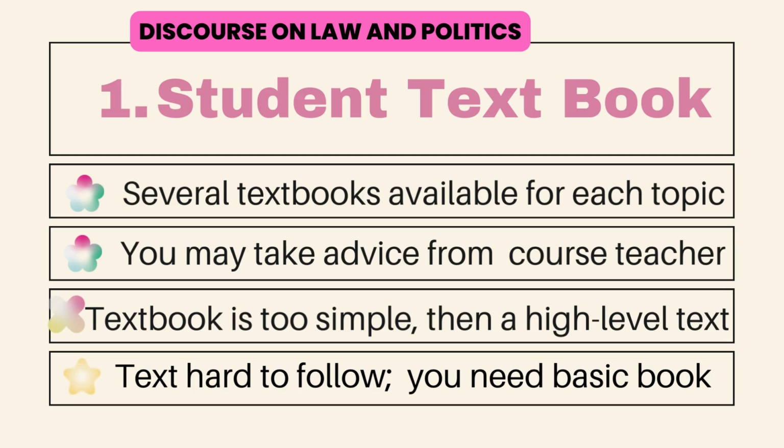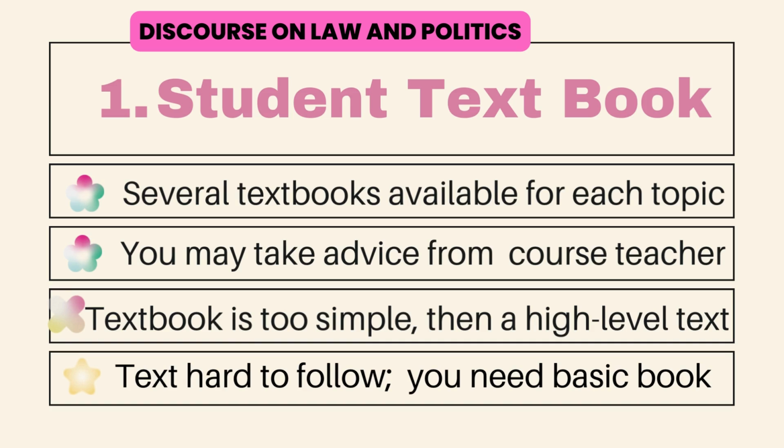So if you find that the textbook which you are referring to is a very easy one, then go for those textbooks where the text is a little bit difficult and they approach a more critical understanding of that subject. And it may also be possible that you have a textbook which is very hard to follow and you are not able to understand the text of that book.